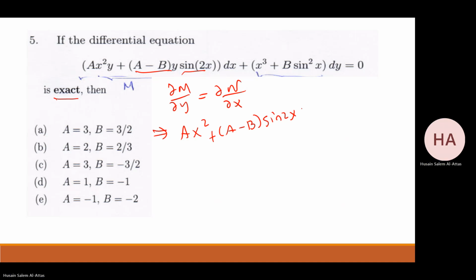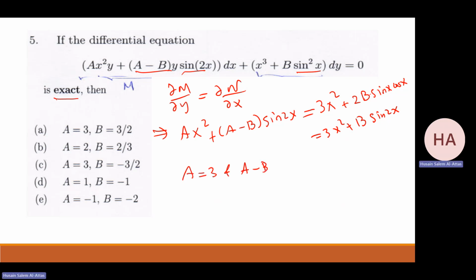Equals partial N with partial x, which will be 3x squared plus the derivative of this, which is 2b sine x cosine x, which is 3x squared plus b sine 2x. So what are the equations? a equals 3 and a minus b is equal to b, which implies a equals 2b. So b equals a over 2, which is 3 over 2. So this will be the answer.